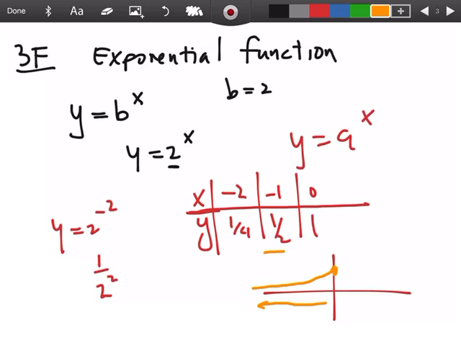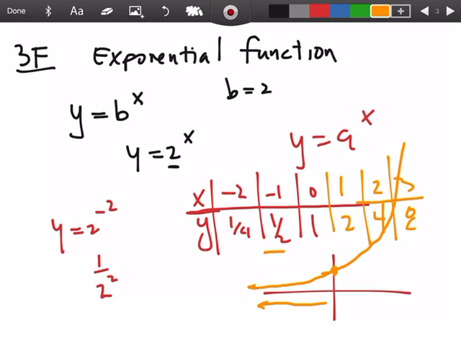So it's an asymptote. On the other side, it's going to blow up. When x is 1, it's 2. When x is 2, that's 2 squared. When x is 3, that's 2 times 2 times 2, which is 8. So it starts to grow pretty rapidly and expand out. That's your exponential function.